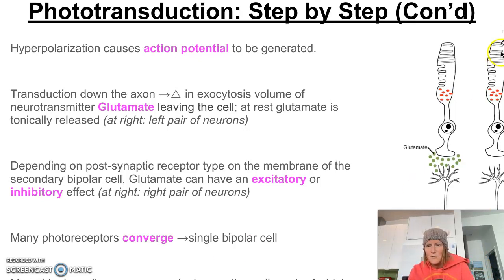So here on the right, this pair of neurons, the glutamate has stopped. It can stop, and it can do anywhere in between, depending on, I guess, the number of repeated action potentials. And then this glutamate can have an excitatory or inhibitory effect on the bipolar cell, which is the secondary neuron that this message is being sent to.